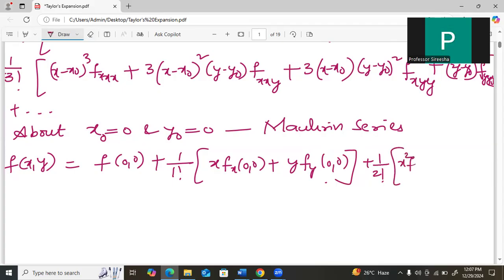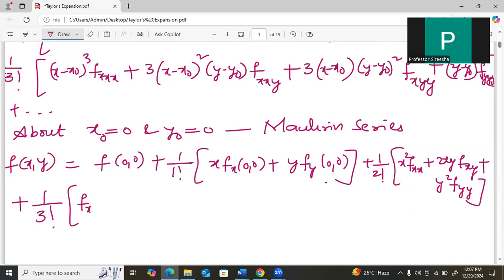x squared fxx plus 2xy fxy plus y squared fyy. Okay. Yeah. Third one also I will write 1 by 3 factorial, f triple x, of course, x cube accompanied with f triple x, plus 3x squared y f_xxy at 0 comma 0, guys. Here also f double x at 0 comma 0, fxy at 0 comma 0, fyy at 0 comma 0.